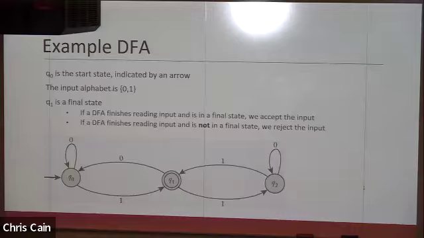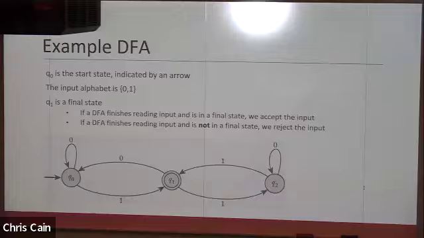I mean, I'm just taking a guess, but is it any string with an odd number of ones? What happens if we see 11101? It has 4 ones in it, which is even, and it ends in Q1.